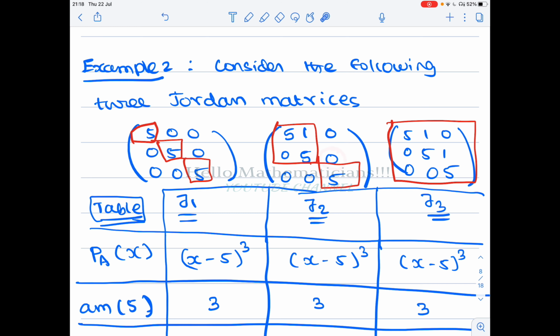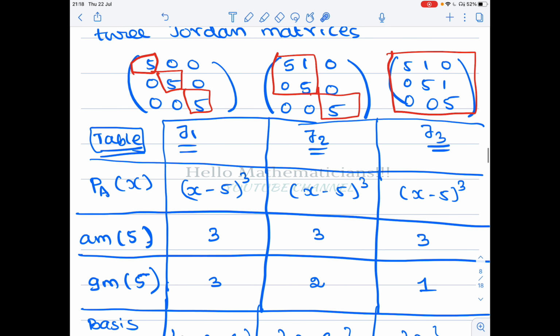If there are 2 ones, then it is a 3 block. Since there is no 1 here, you have to split it like this to form the Jordan blocks. So you have a 1 here, there is only 1, so this is a 2 block. Here there are 0 ones, so this is a 1 block.